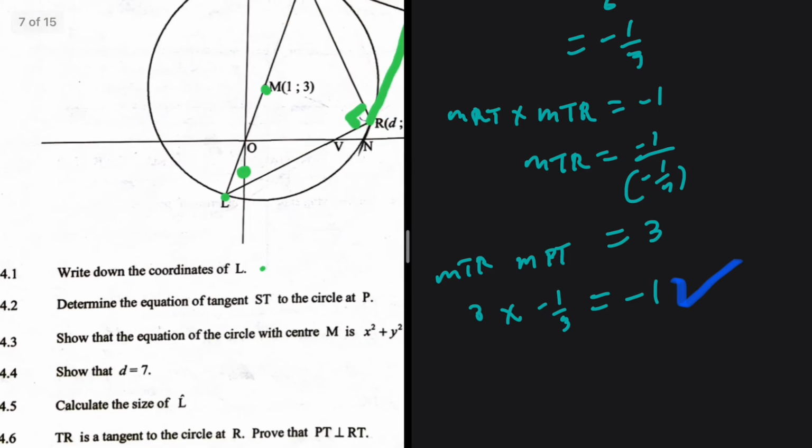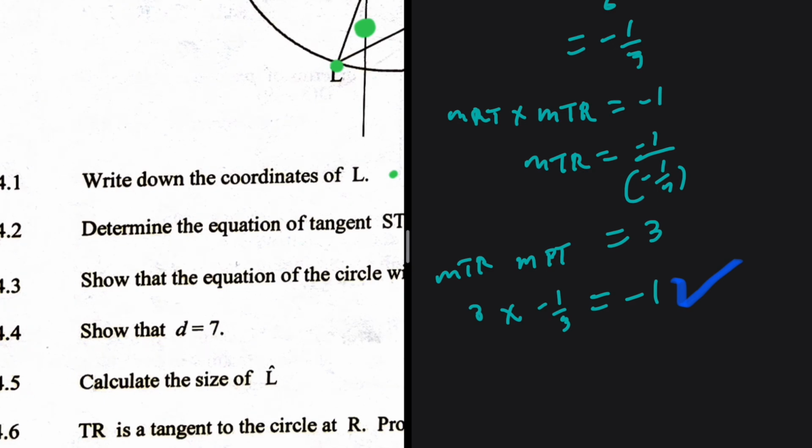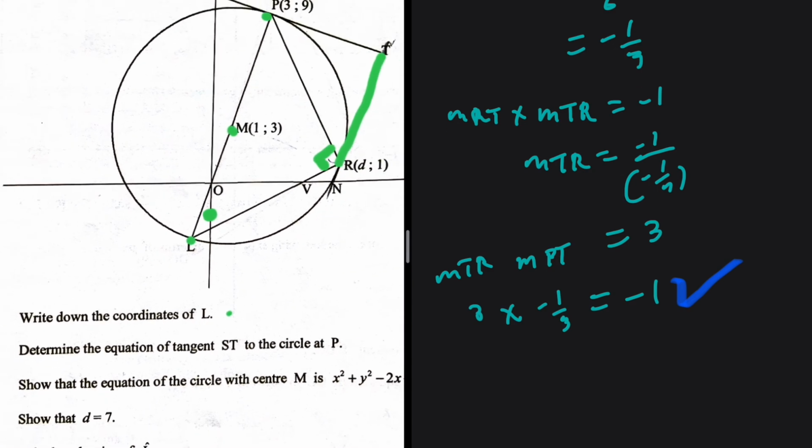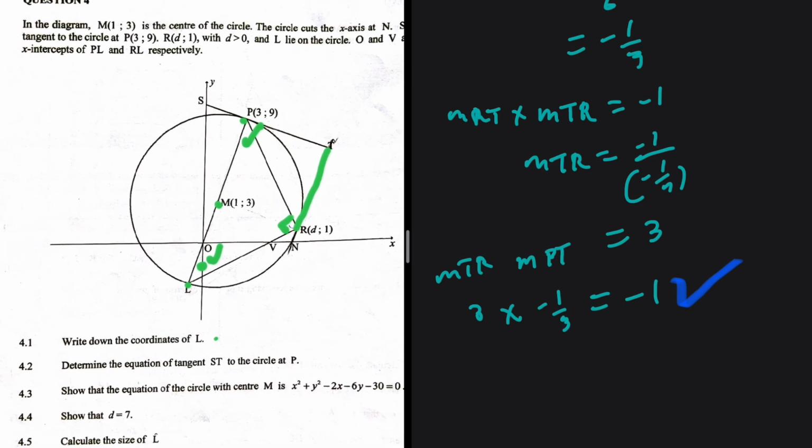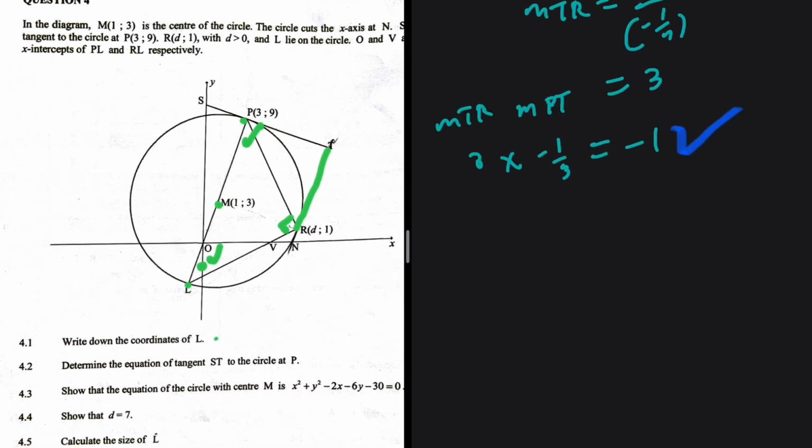But in closing, let's go back to 4.5. I'm thinking about something here. Is it that easy? Do we just say L is equal to P? Or do we have to actually show first that RL is equal to PR?